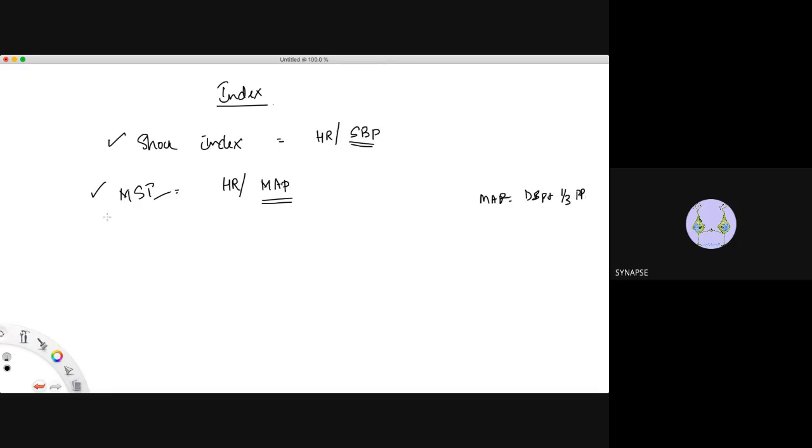Which do you think is better, shock index or the modified shock index? Modified is better. Obviously, so the modified is much better. Now, what does it say? If MSI is more, what does it mean? That the heart rate is more, your BP is less. So the patient is doing better or bad?